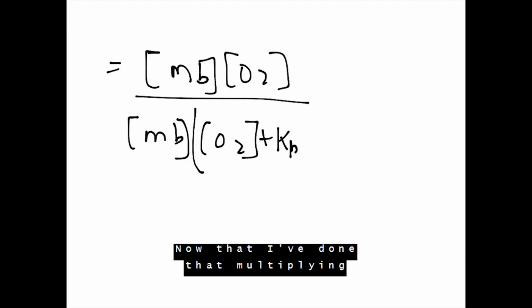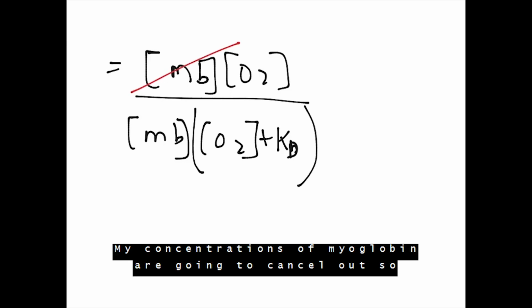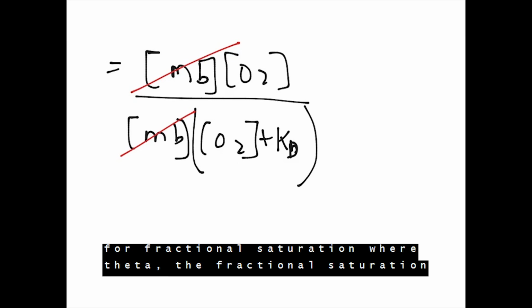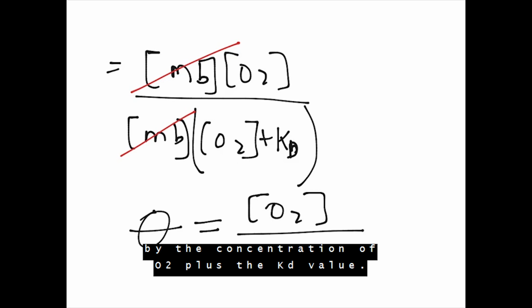Now that I've done that, multiplying through, I can simplify. My concentrations of myoglobin are going to cancel out. So that gives us this really nice equation for fractional saturation, where theta, the fractional saturation of O2, is equal to the concentration of O2 divided by the concentration of O2 plus the KD value.